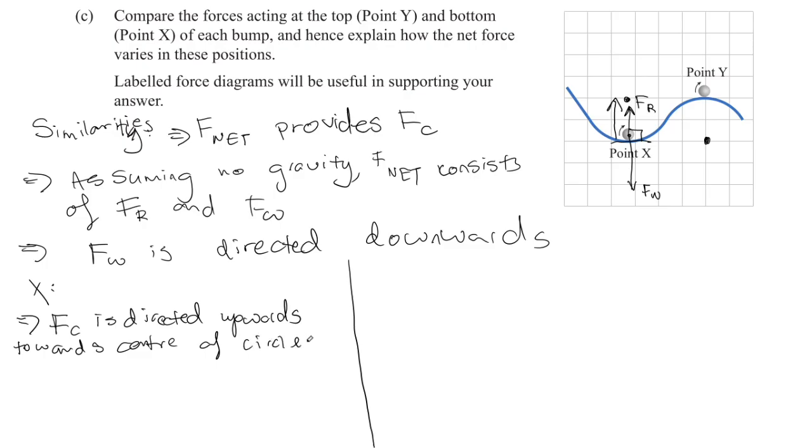And also, this reaction force is directed upwards, right? Because, as you can see, it is perpendicular to the surface that point X is on. If the ball was over here, the reaction force would be pointing elsewhere. But here's the thing.